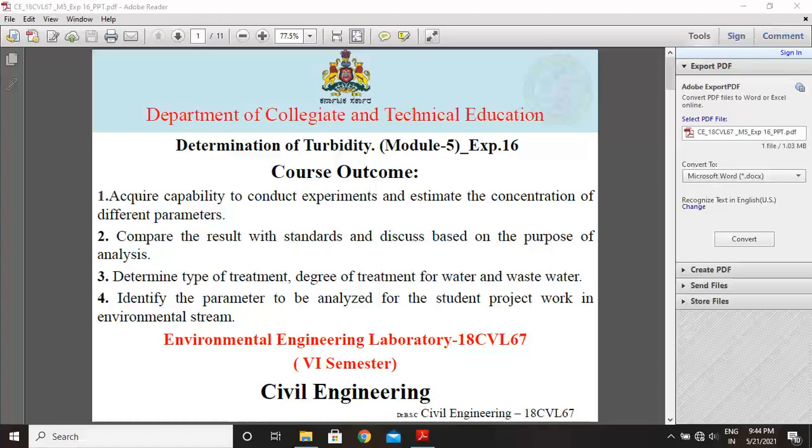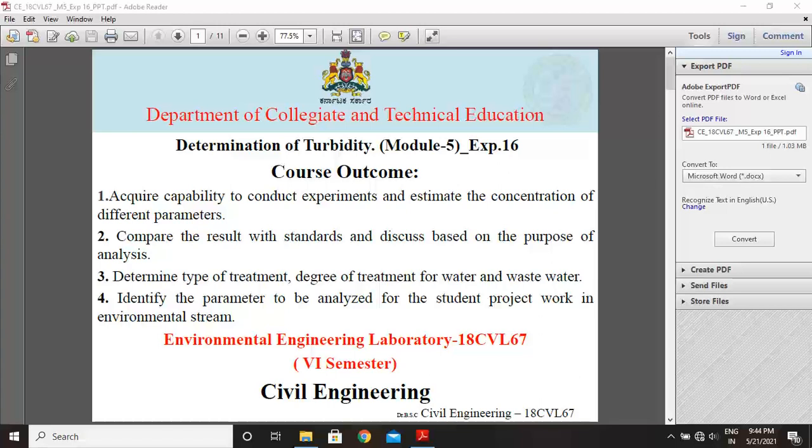So for this title of experiment, the subject outcomes are arrived here. There are 4 course outcomes derived. One is to acquire capability to conduct experiments and estimate the concentration of different parameters.